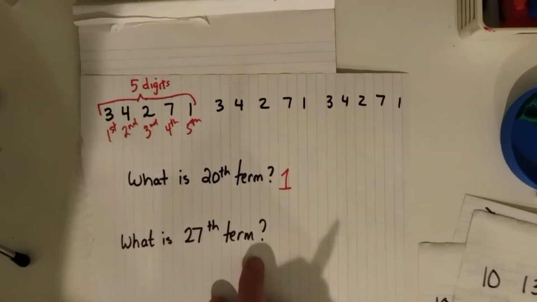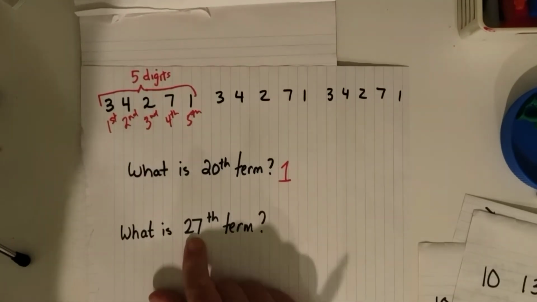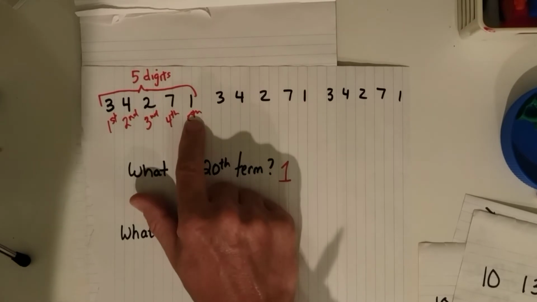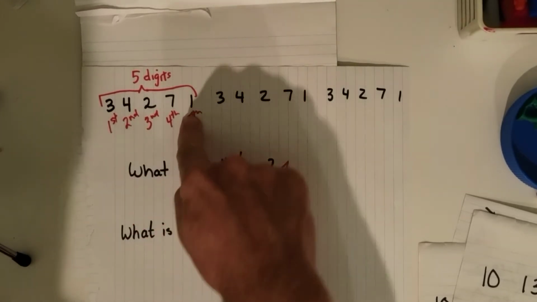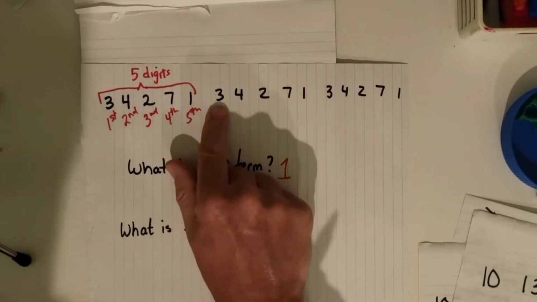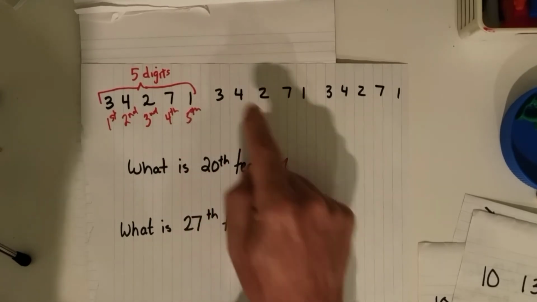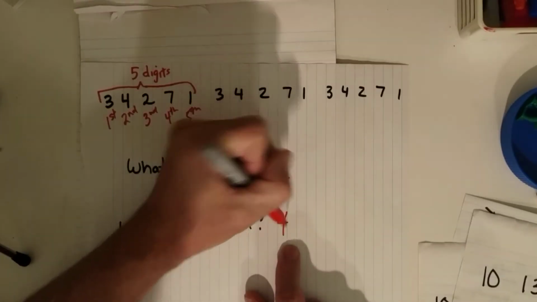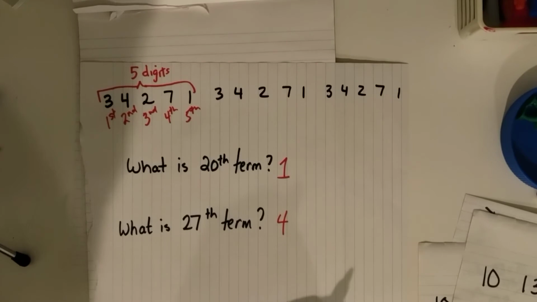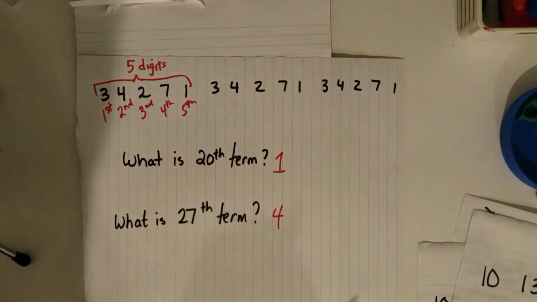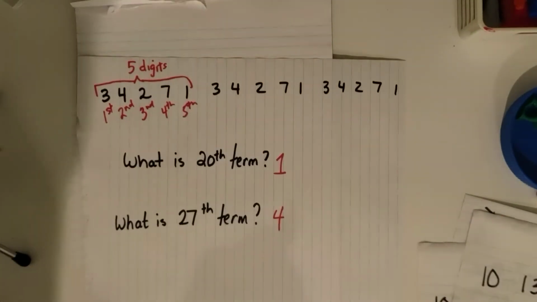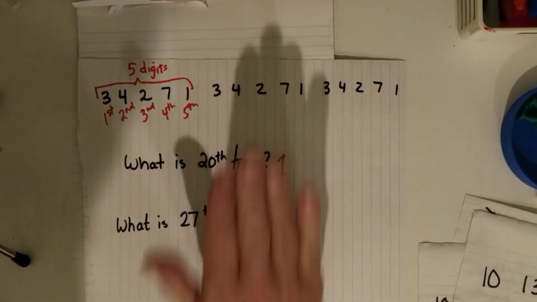We could use that to help us find something like that. We'd go 5, 10, 15, 20, 25, stop there. That would be 26, that would be 27. So a 4 would be my 27th term. Rather than counting all the way up to 27, we could just count by 5s. That's for a repeating pattern.